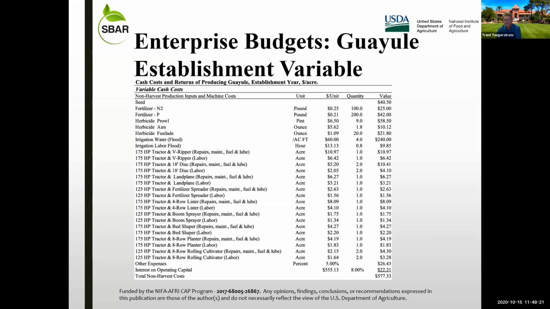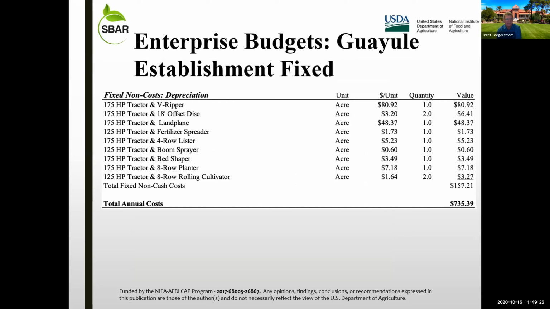Remember, those change. And the prices change, but this is where we're at right now. We look at then the fixed non-cash depreciation charges on there with your equipment that you would have associated with that. And you get your annual total cost for establishment, at least at this point, given how we have it in our example that we're doing there.